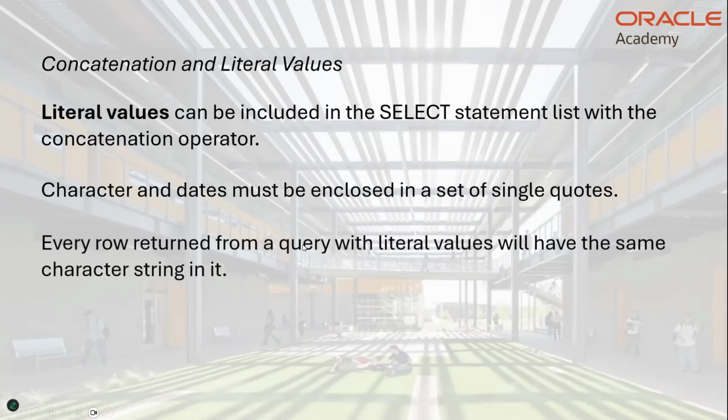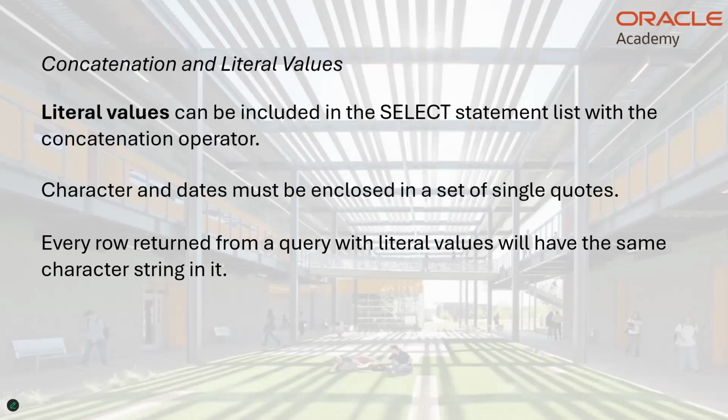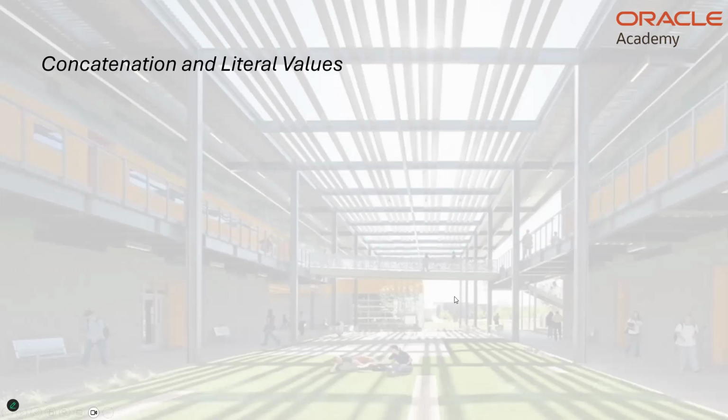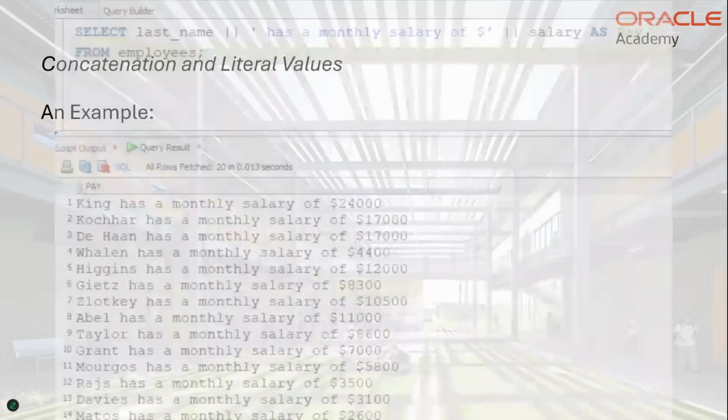If you use literal data, it will concatenate that, depending upon your query, to every row that matches your requirements. We're going to talk about requirements in the SELECT statement. You have to determine what you're trying to accomplish with the whole idea of literal values.